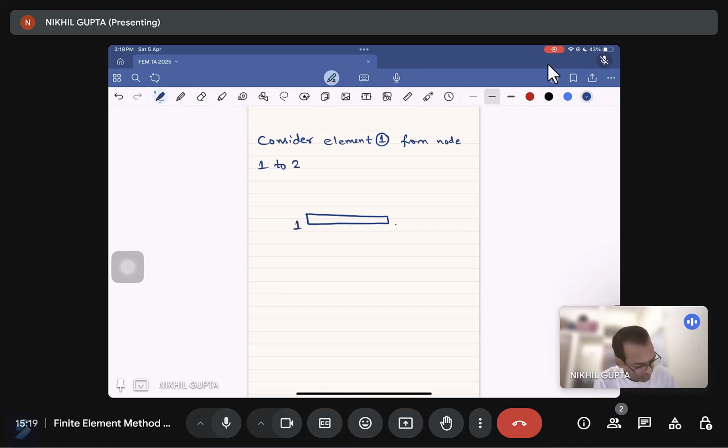So node 1 and node 2 are this, and we'll put the loading as well, which is 10 kilonewton per meter. Now what you have to do, you have to specify the degrees of freedom, which are V1, phi 1, V2, phi 2. Now we know the stiffness matrix for this beam. We can directly write it.